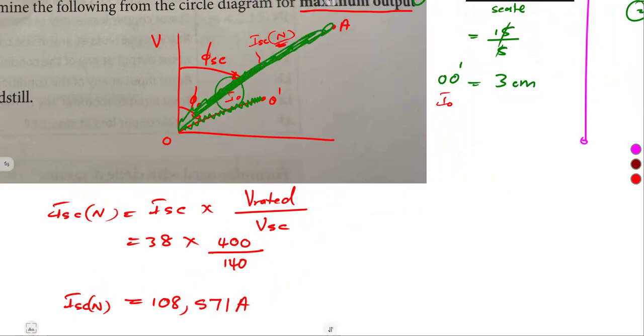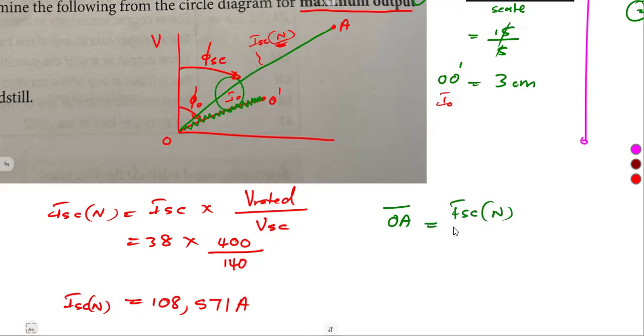As we can see, just like before, where the no load current lies, you must find that corresponding vector. So our short circuit current lies on vector what? OA.